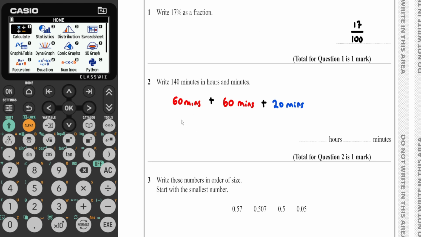The 60 minutes and the 60 minutes give in total 2 hours, and then we add on to this 20 minutes. So we have 2 hours, 20 minutes.